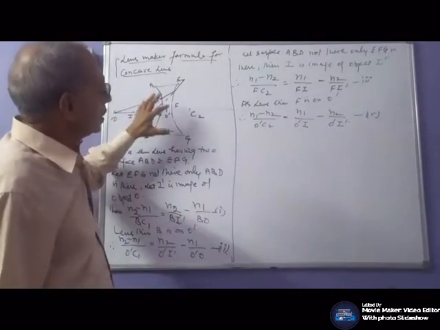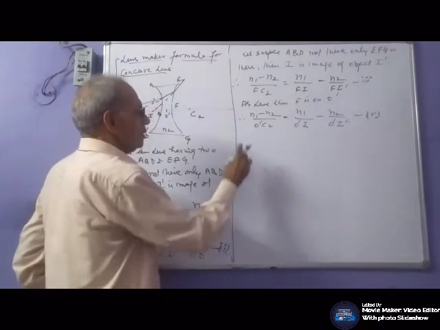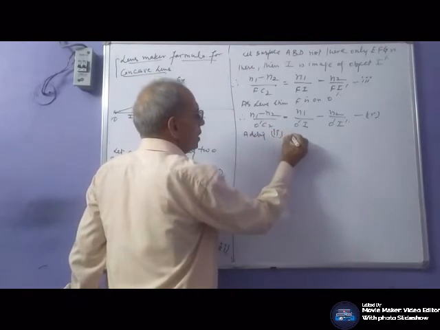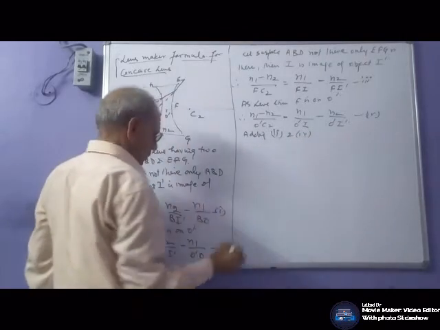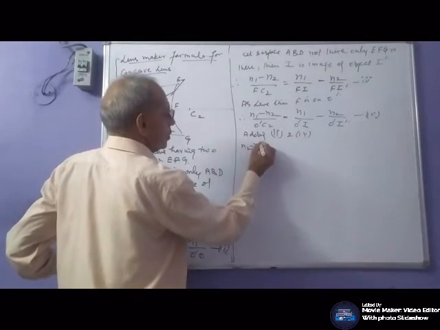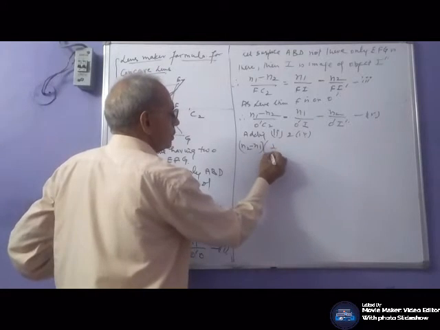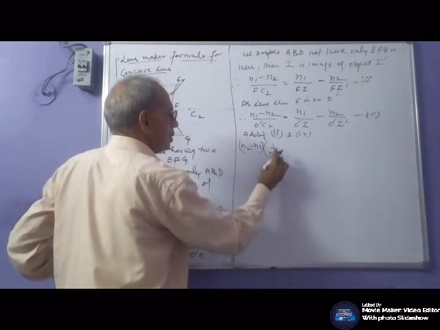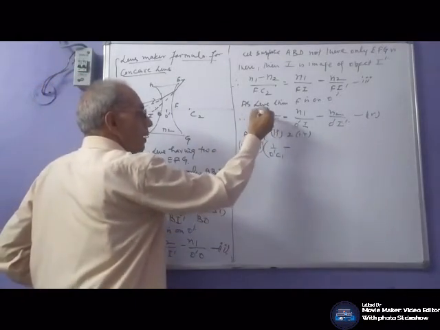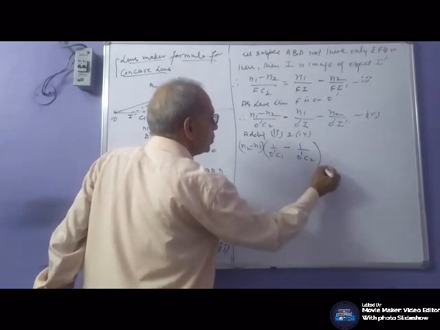Now these are both the surfaces, so finally add them, second and fourth. Adding second and fourth, N2 minus N1 is common. What is left? O dash C1 minus, add, common is N2 minus N1, so minus O dash C2.